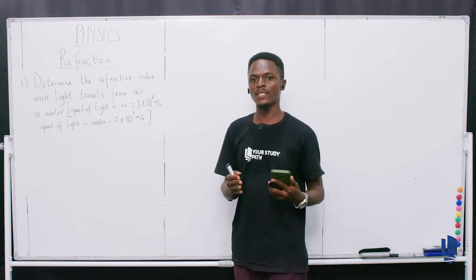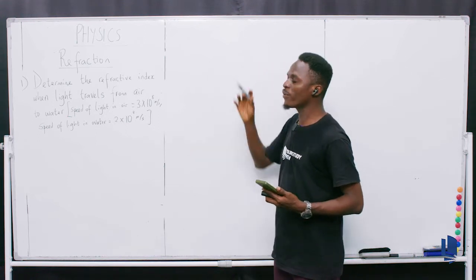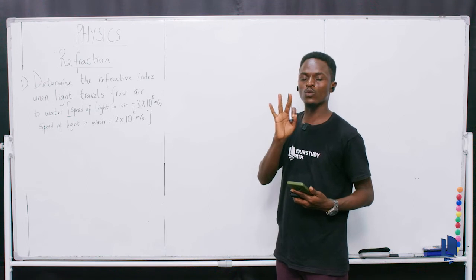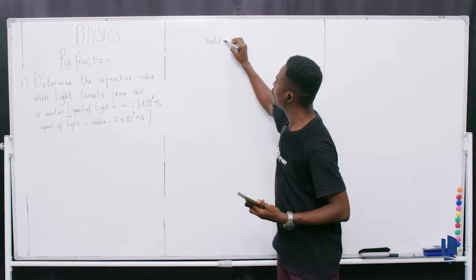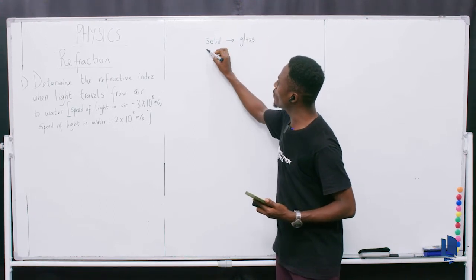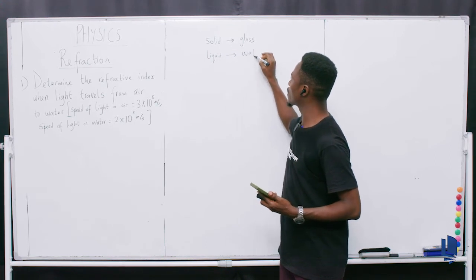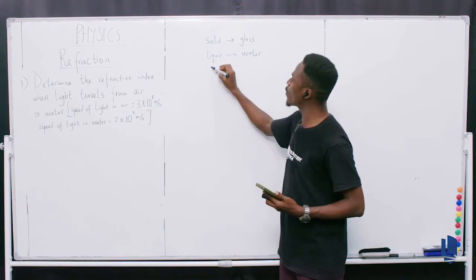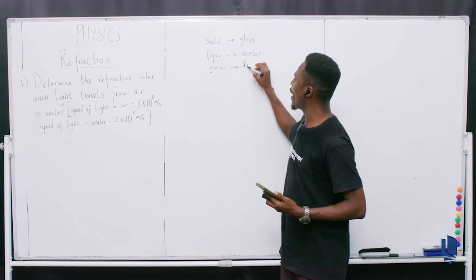We've identified the fact that all your three states are such that three substances would always account for them. Whenever we're making reference to solid, we have glass being used. Whenever we are making reference to liquid in physics, water is the best bet of what we use. And whenever we are talking about gases, we make reference to air.